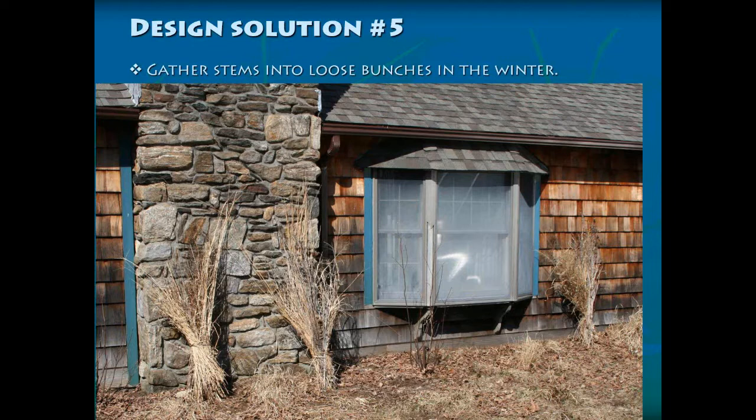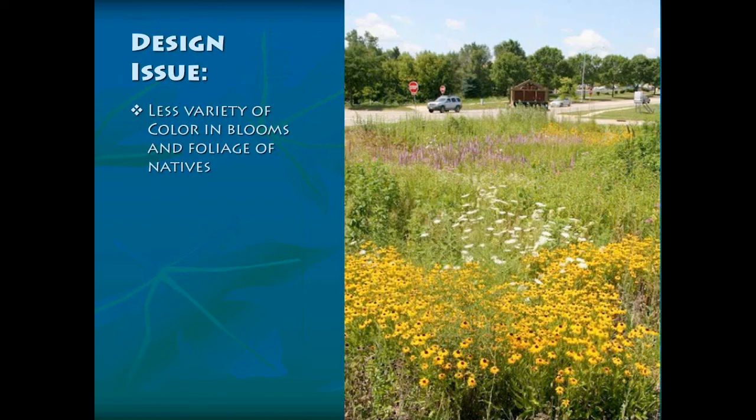You can either cut them and bunch them, or you could just take a piece of string or even a long piece of grass and just bunch your grasses all through the garden so they look kind of like corn stalks. It's a much more organized look, and I think everyone driving by would love to see that in the wintertime. So those are some ideas for organizing your messy native plant garden.